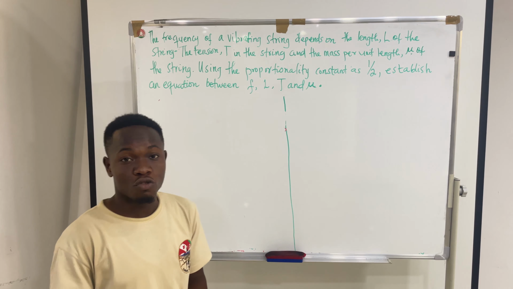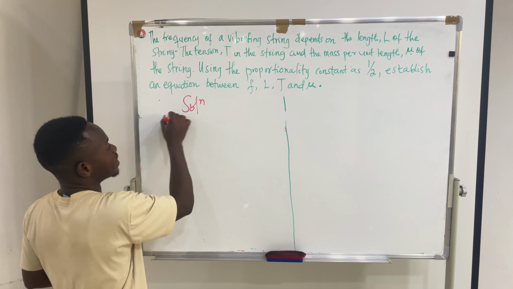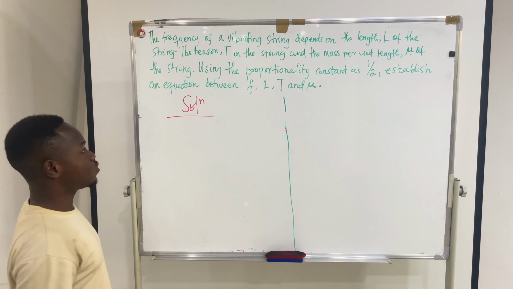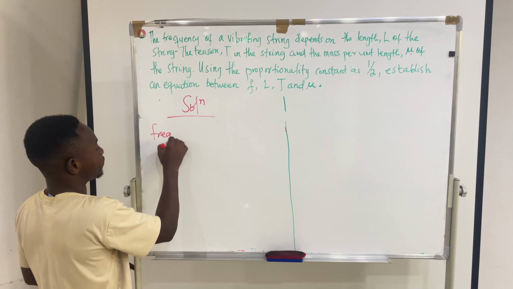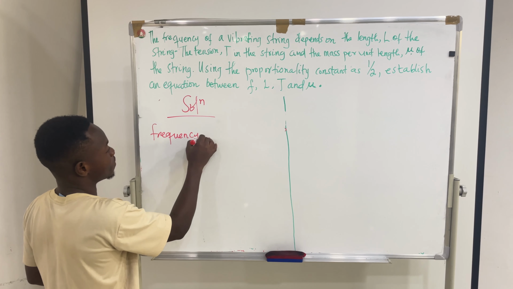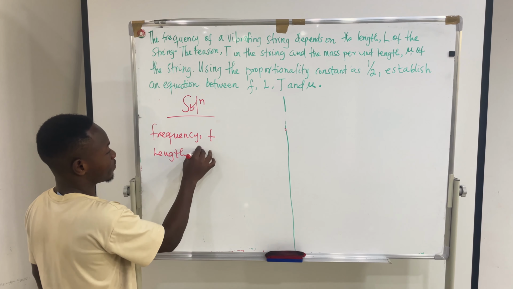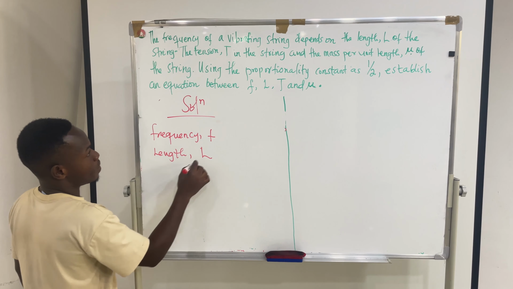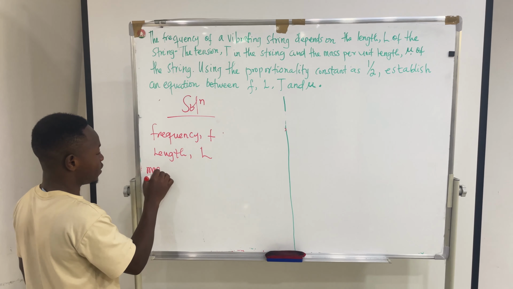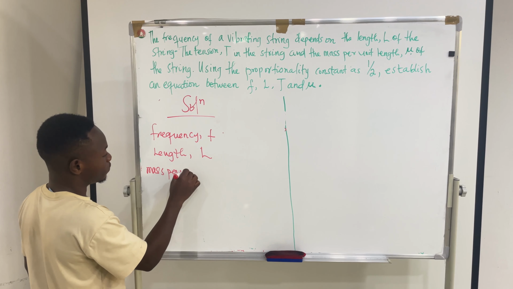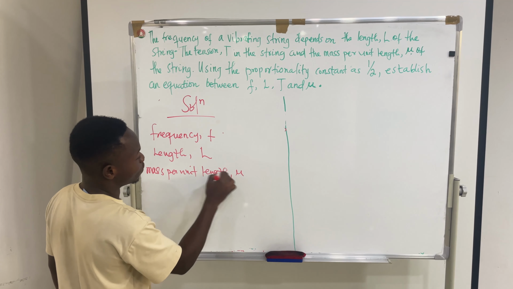So the first thing we are going to do to solve this question is, of course, to pick out our physical quantities. We are going to define our physical quantities. There is frequency, F, there is length, L, there is mass per unit length, mu.